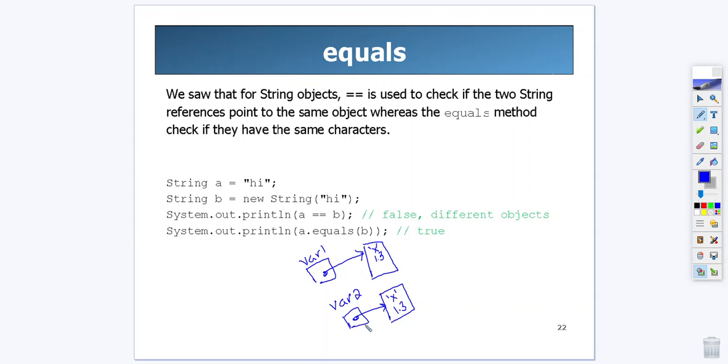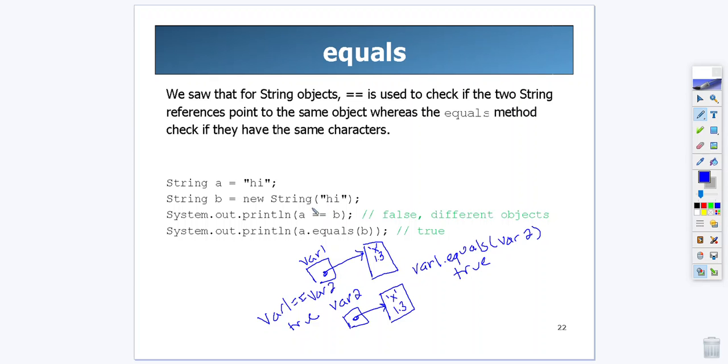Now, if you were to ask me if var1 double equals var2, the answer is no, they're not pointing to the same object. But if you were to ask me if var1 dot equals var2, and I'm looking at these objects, the content looks the same, this would be true. So there's a subtle difference that makes more sense as we get more into objects, but just realize that when we're using double equals, it's looking to see if the address is the same. When we use dot equals, we're looking at the contents to see if they're the same.